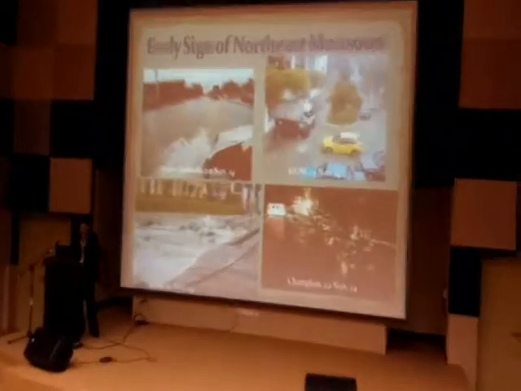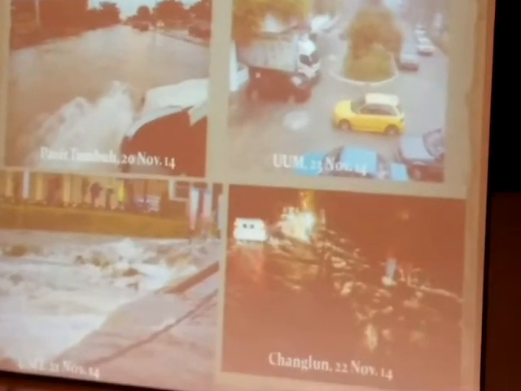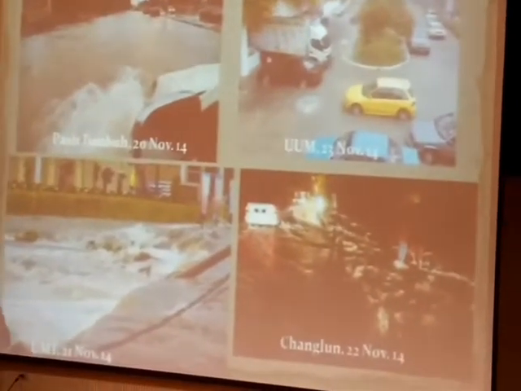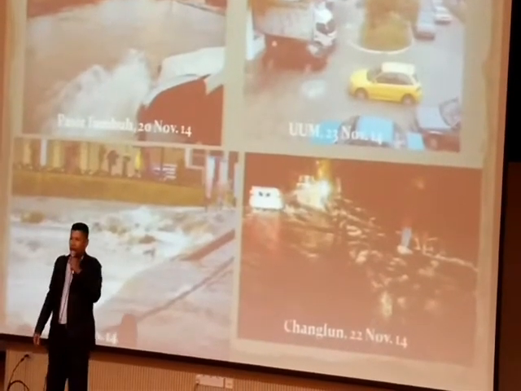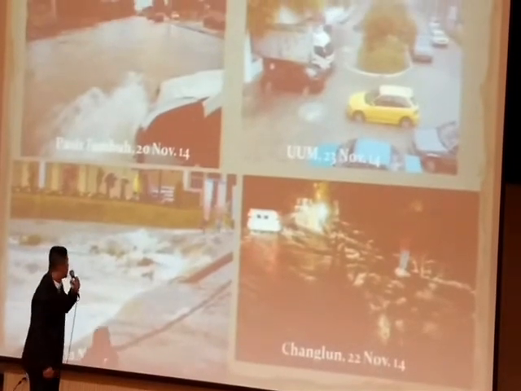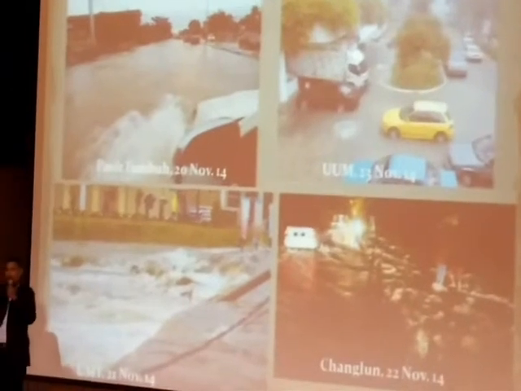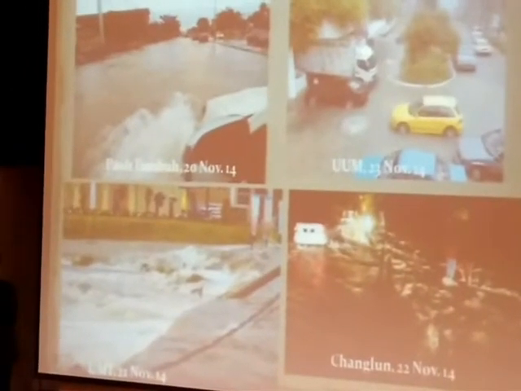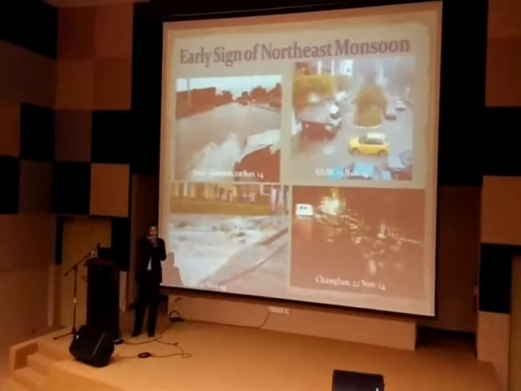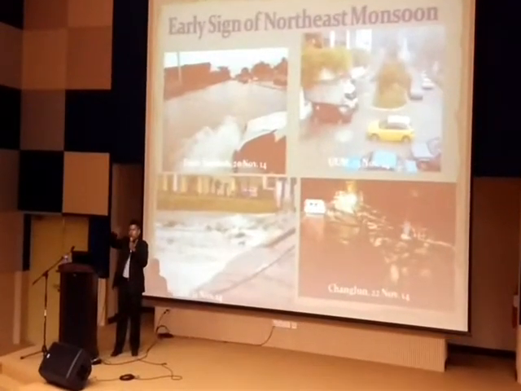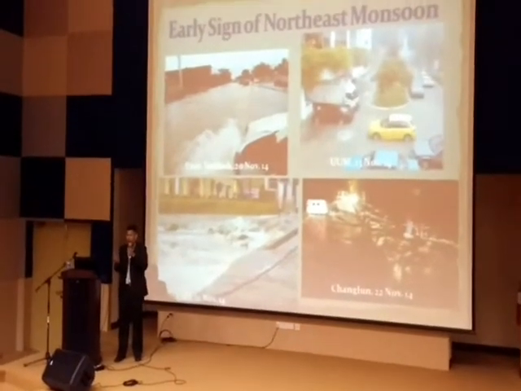And the early sign of the northeast monsoon. UMT, this year, UMT also faced a big flood. UUM, on 23rd November. Normally, 10 years ago, we saw that the northeast monsoon only affected the east coast region of Peninsular Malaysia, like Terengganu, Pahang, or Kelantan.